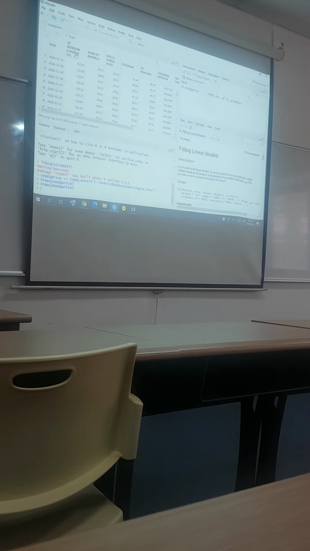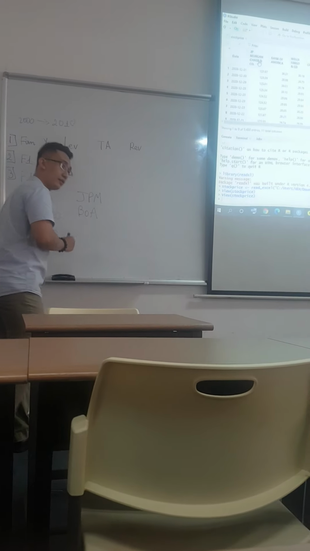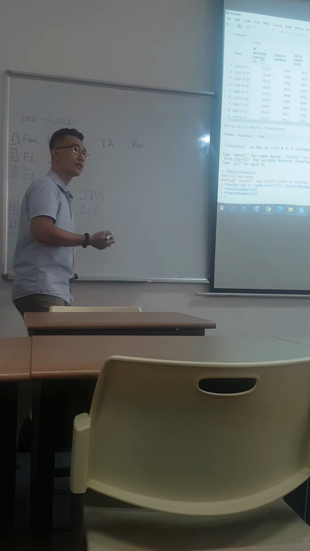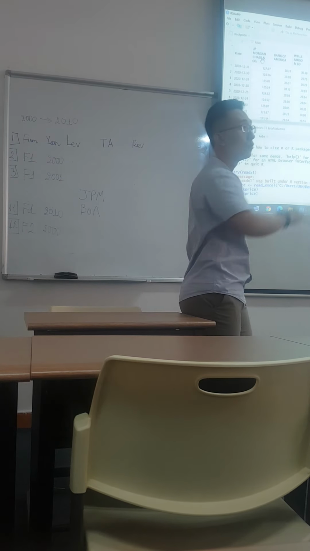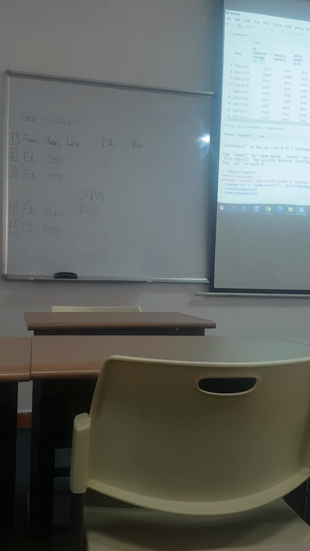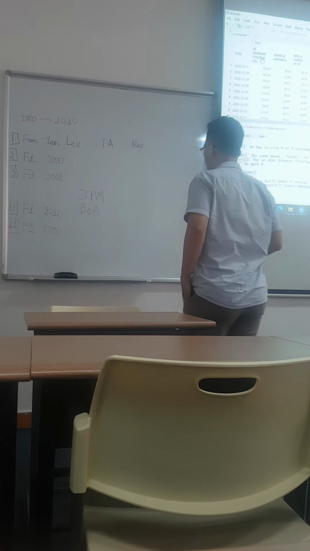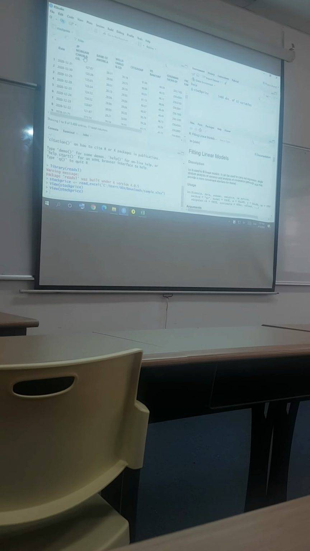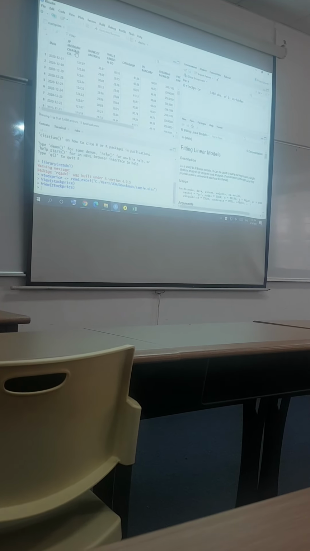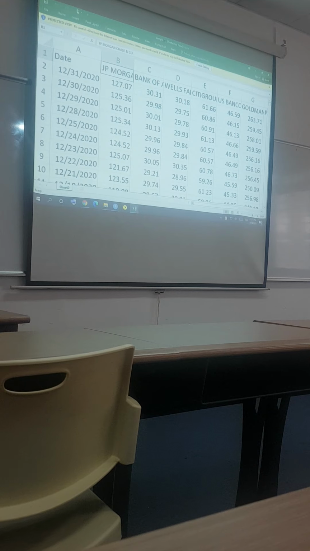Name it Bank of America, for example, like this. So it's easy for you to run the regression because you don't need to type the whole name. All right. Next thing, how can we change it? Change it in your Excel file. So before you input it to RStudio, you need to change the first row.